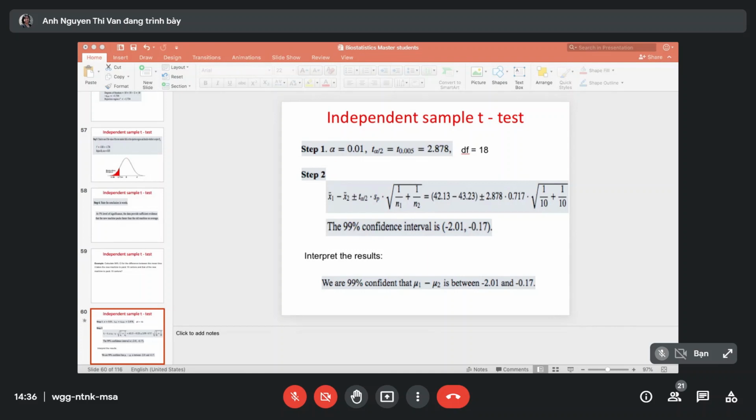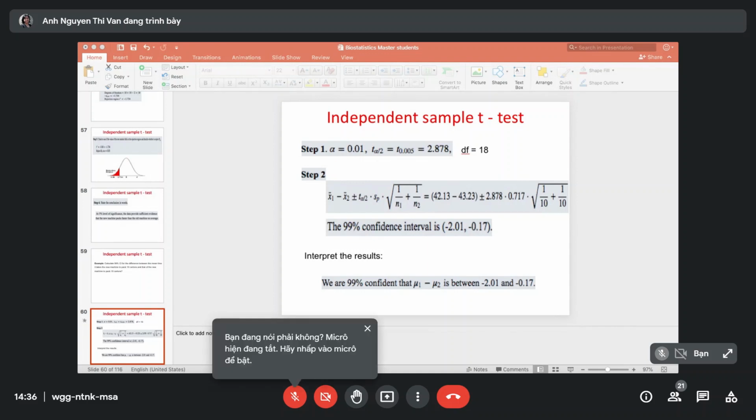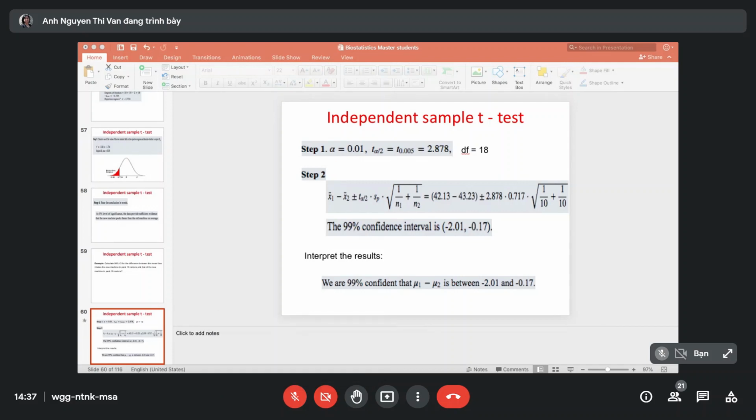Okay, you can rewrite the H0: mu1 minus mu2 is less than 0. So you can reject the H0 and accept HA. So that is the second way that you can test the hypothesis using the confidence interval. The first way is to find the rejection region and non-rejection region and calculate the t-value. That is the first method that we did.